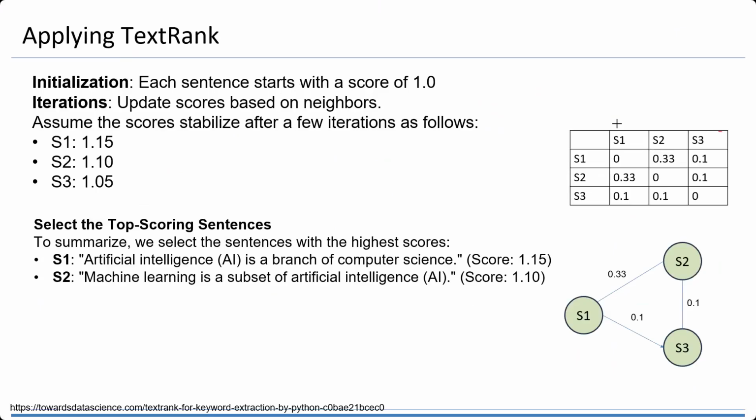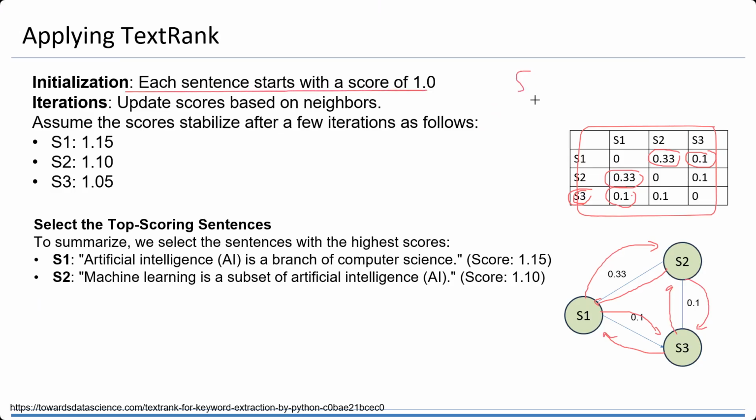We just look at this matrix. If you have this matrix, then you can just calculate. If you have S3 and S1, which is 0.1, then S1 and S3 is 0.1. So we assume that we have both relationships. So let's say the initial value is 1.0.